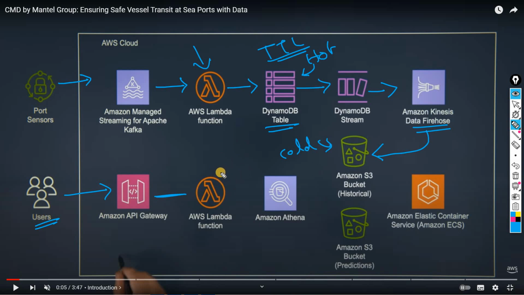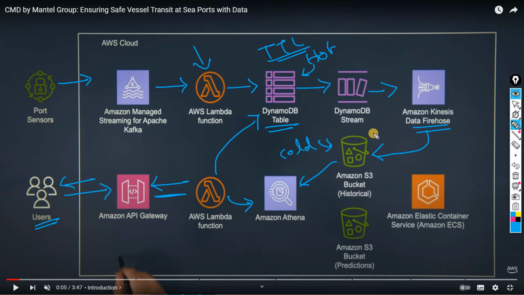If it is hot storage, it goes to our DynamoDB to fetch that data. If the data is old, then the Lambda will understand, okay, I will not get that data in DynamoDB, so I need to scan in S3, and the best way to scan in S3 is using Amazon Athena. So for cold data, the Lambda executes using Athena, and whatever result it gets, it sends to that user via this route.